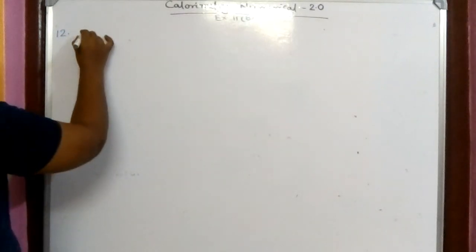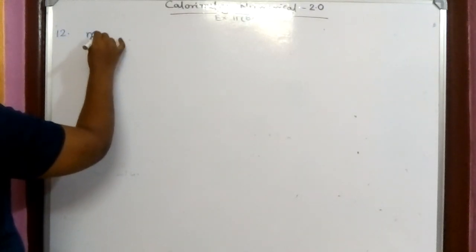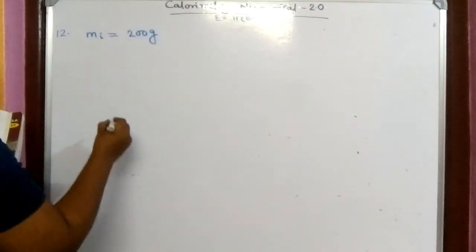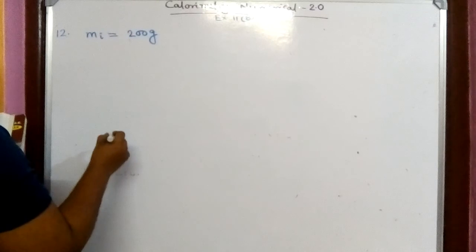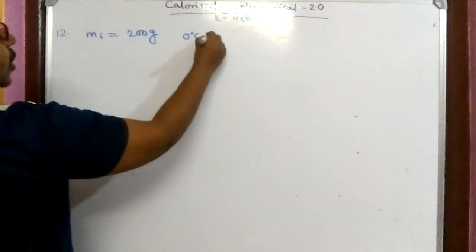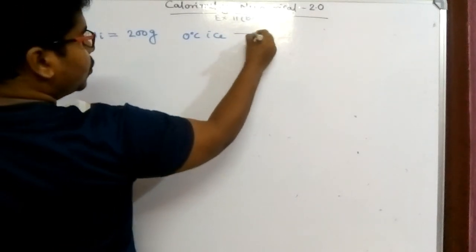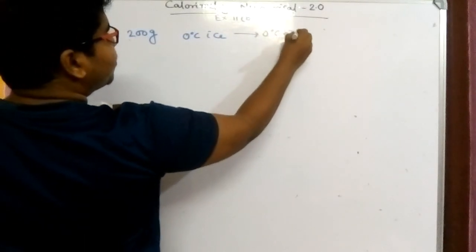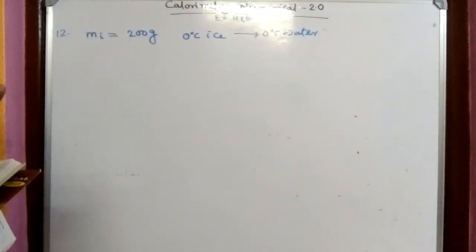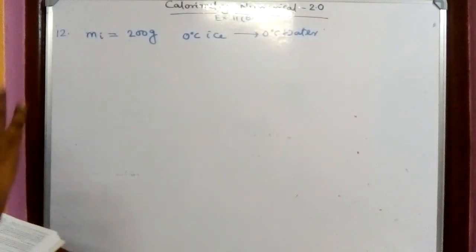First of all, it is given the mass of ice, that is 200 gram. It converts 0 degree centigrade ice to 0 degree centigrade water. So simply here no temperature change occurs, only the state change.